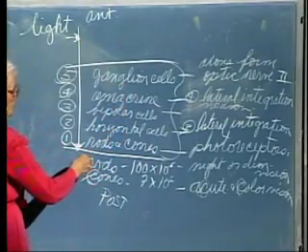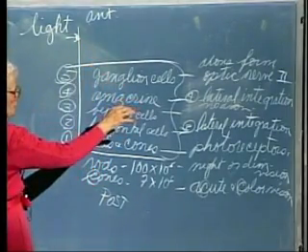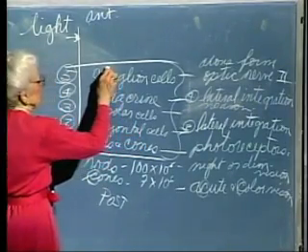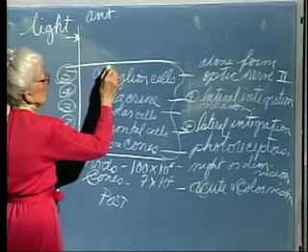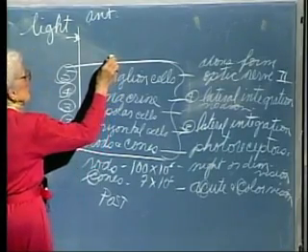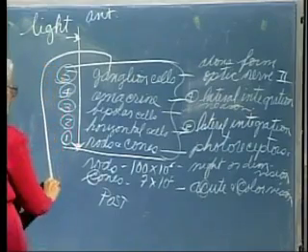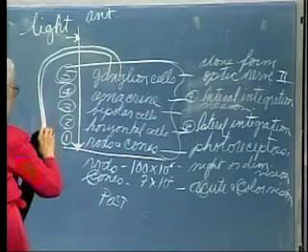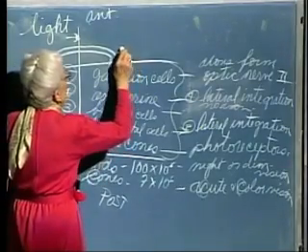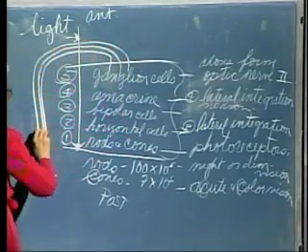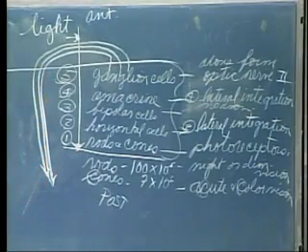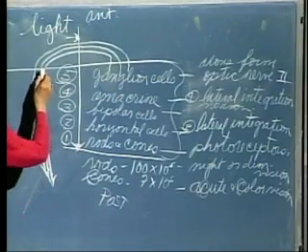Why don't we just have the rods and cones catch it first, and then the ganglion cells come out? Good question. We'll wait for our evolutionists to tell us. But the axons from these cells are going to collectively come out and go back to the brain. As they pass through the retina, we call the area the optic disc.